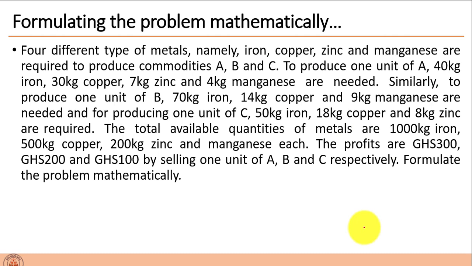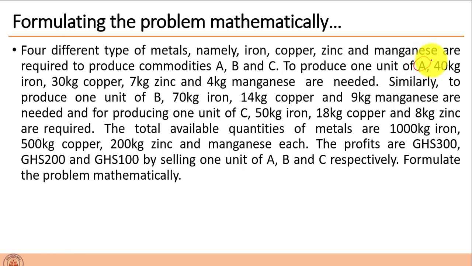Now, the best way that you can actually do this without a struggle is to draw a table and put them inside. Let's see how we can formulate a mathematical problem from a question. Four different types of metals, namely iron, copper, zinc, and manganese, are required to produce commodities A, B, and C. To produce 1 unit of A, 40 kg of iron, 30 kg of copper, 7 kg of zinc, and 4 kg of manganese are needed.